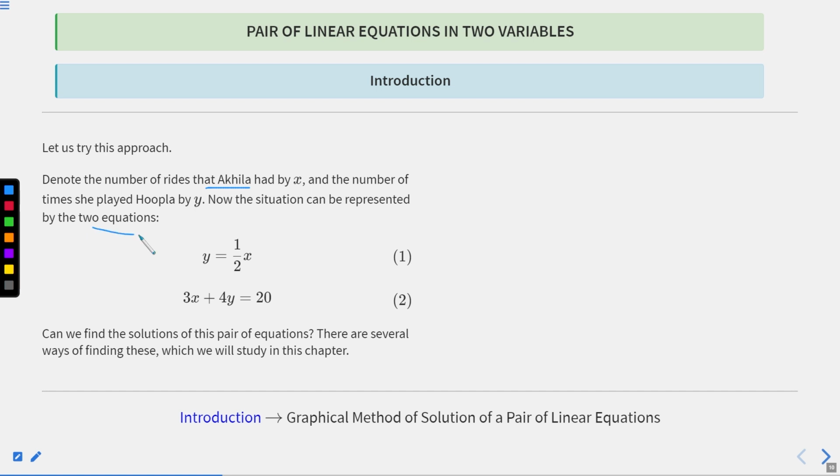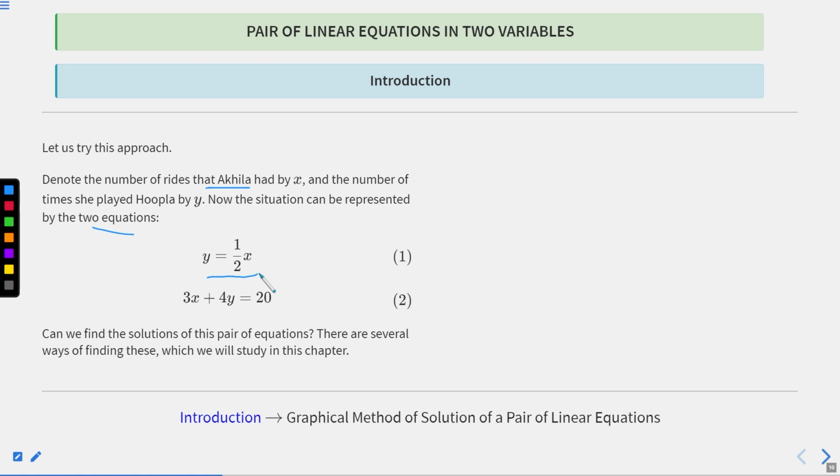We know the number of times she played hoopla is half the number of rides she had. So we get the linear equation y equal to half x.